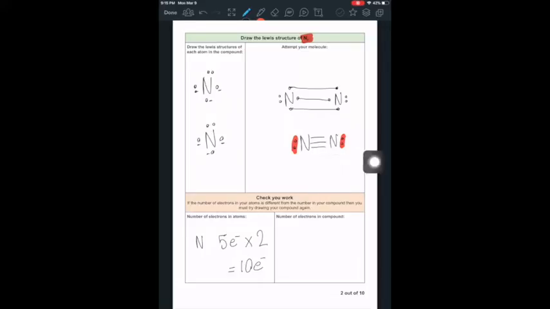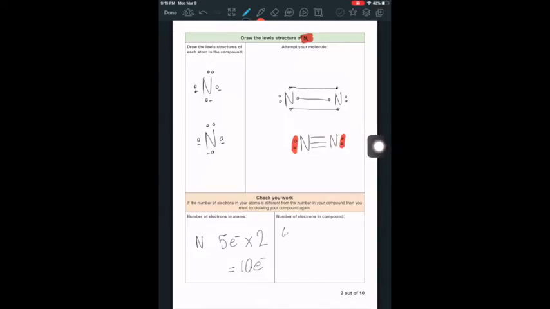So right now, I'm going to go ahead and calculate the bonds and the lone pairs. Each bond counts as 2 electrons. As you can see here, 1, 2 make up 1 bond. And then each lone pair also counts as 2 electrons.